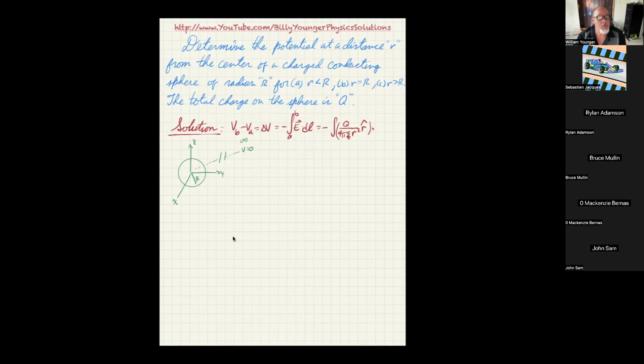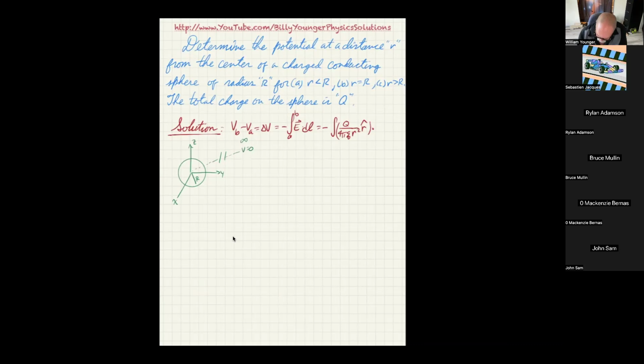So what I'm going to do is integrate along a radial line, which of course being a radial line, means dl is going to be parallel to R hat, either in the negative direction or the positive direction. And I'm going to do it from two different positions.